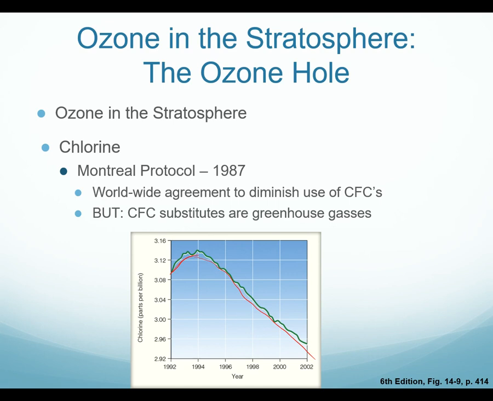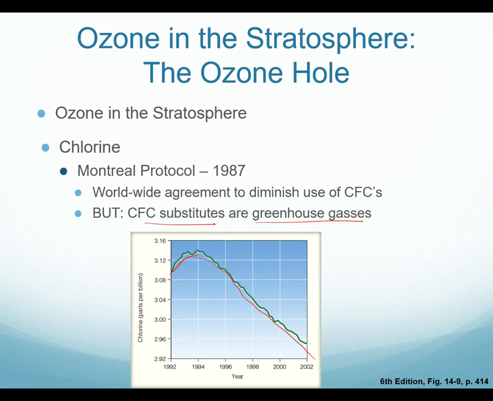And good news is that for the most part, our ozone hole issues have dropped to pre-1980 concentrations. So our ozone hole problem is going away. Here's one huge problem, however. The substitutes for chlorofluorocarbons are greenhouse gases. And so you switch from one problem to another. And that's something we'll address in a future video.